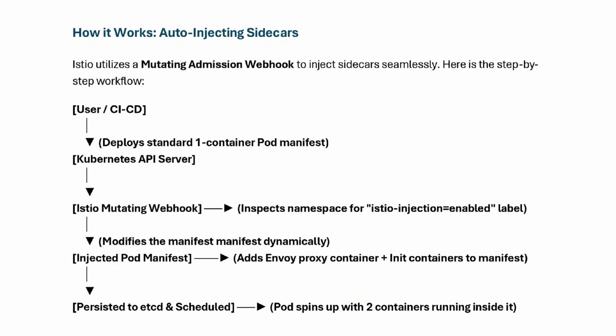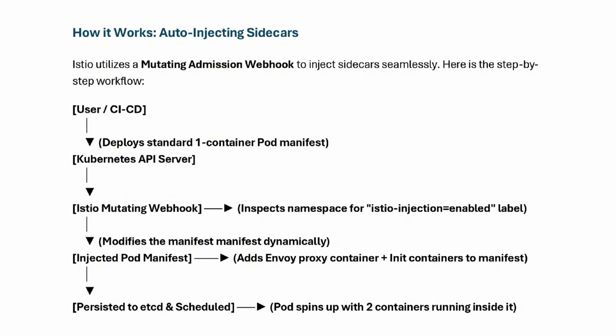After all this, it reaches persisted to etcd and scheduled, which means pod spins up with two containers running inside it. So again, if it will not find the Istio mutating admission controller webhook, or simply Istio injection enabled label in the namespace, it would be direct Kubernetes API server to persistent etcd communicating with each other.